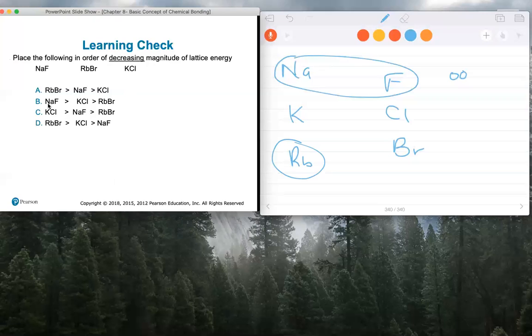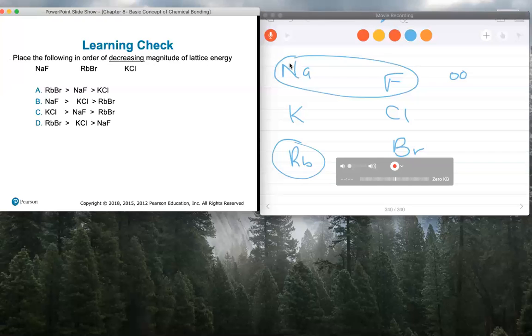And you can mark your periodic table and say which one is smaller, or you can write it down the way I wrote it here. Okay, let me see cations. As you go down, the cation radius increases.